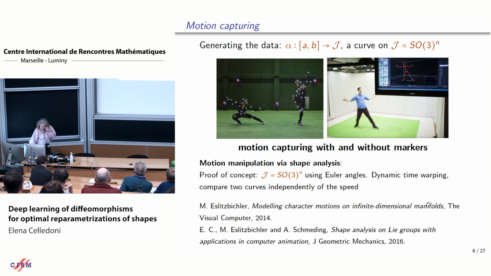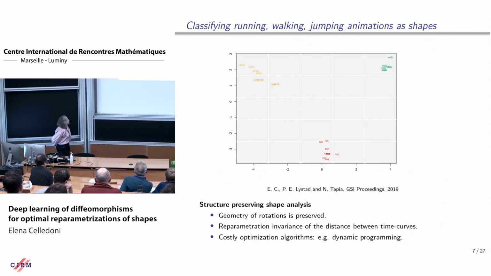But another aspect of this is the geometry, which means that you can gain something by taking into account the fact that the curves are evolving on a Lie group. So here it's a classification problem.